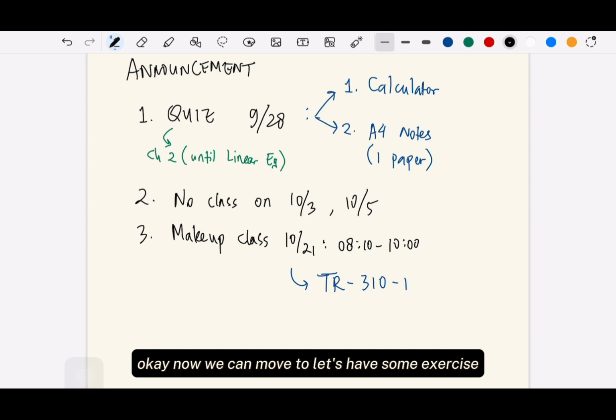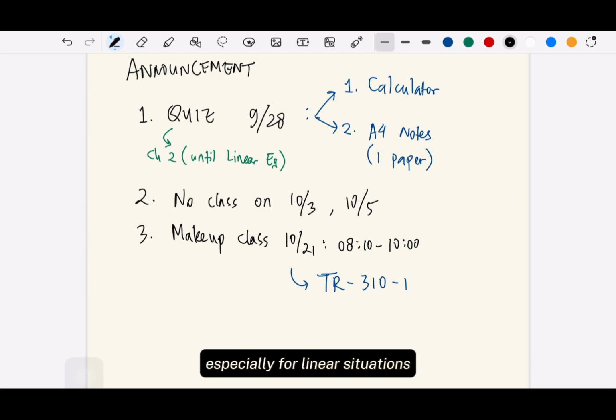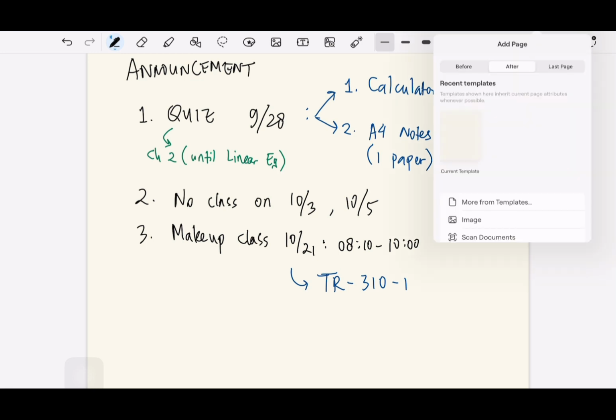Okay, now we can move to, let's have some exercise, especially for linear equations. Okay, solve.